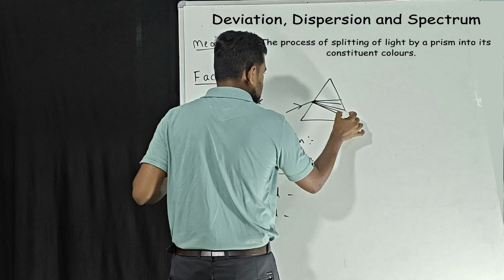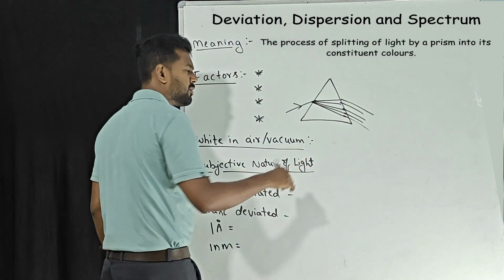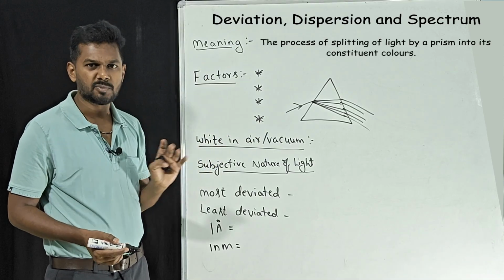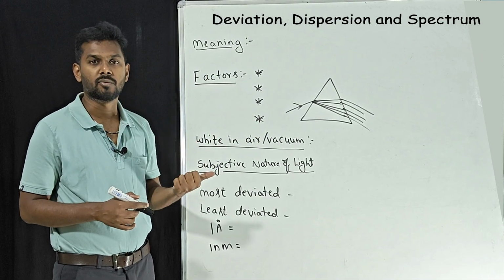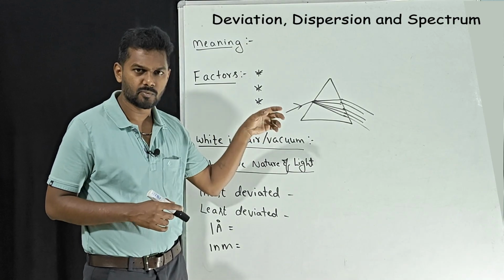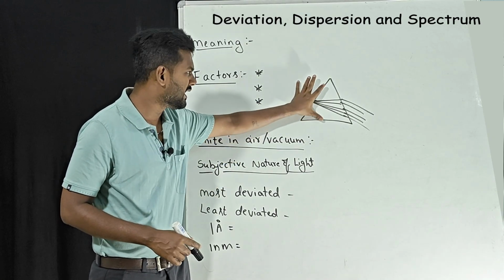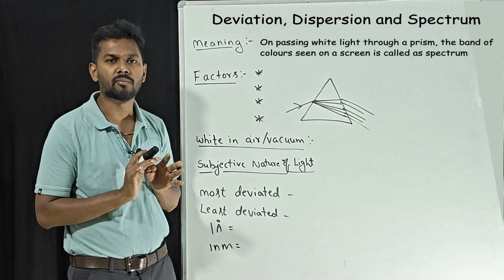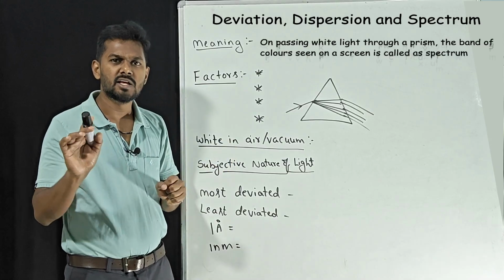So it splits into different colors. Don't worry about the number of lines or number of colors. We need to understand what is dispersion. Next, the final one is spectrum. After it gets split, after dispersion, this band of colors together we call as spectrum.